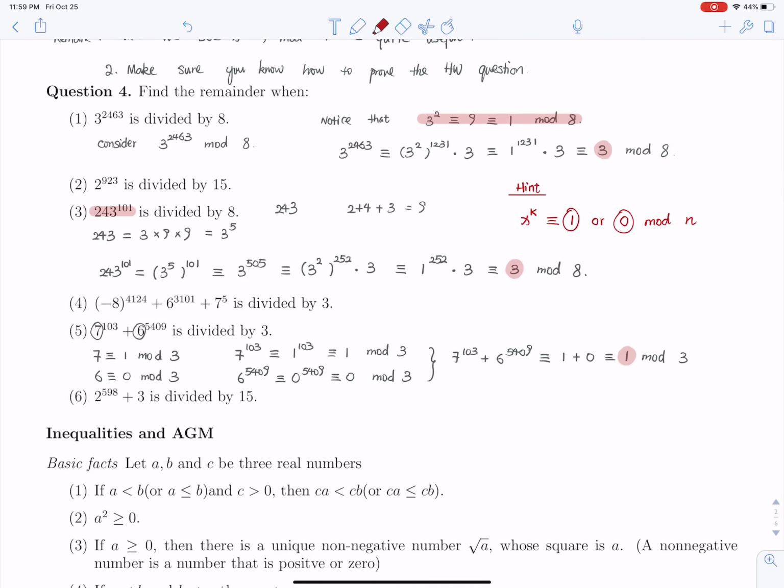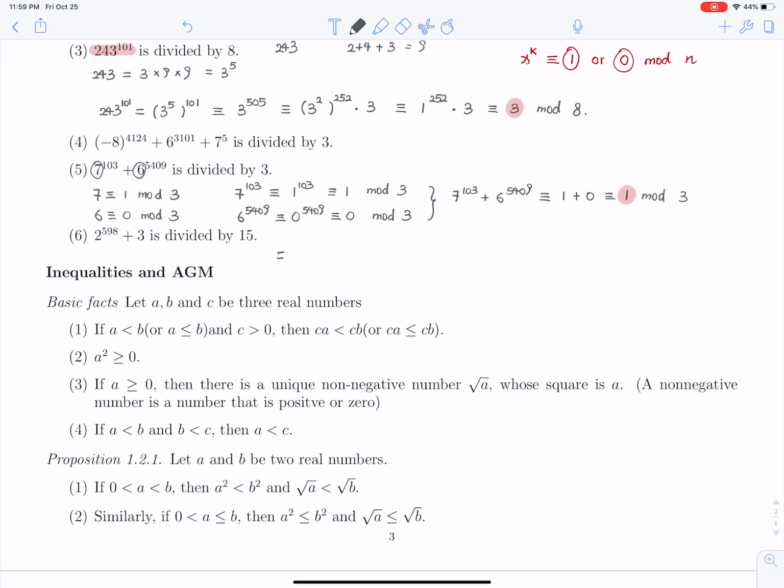Using this, we can compute a really large power, and later you'll learn some theorems, like Fermat's little theorem, Euler's theorem, Wilson's theorem.